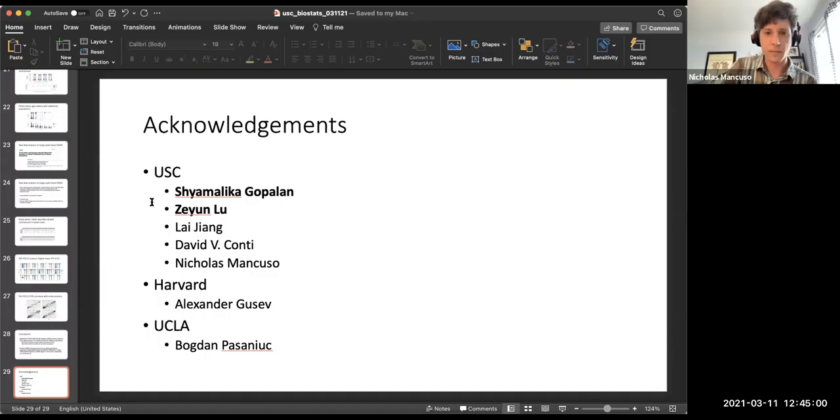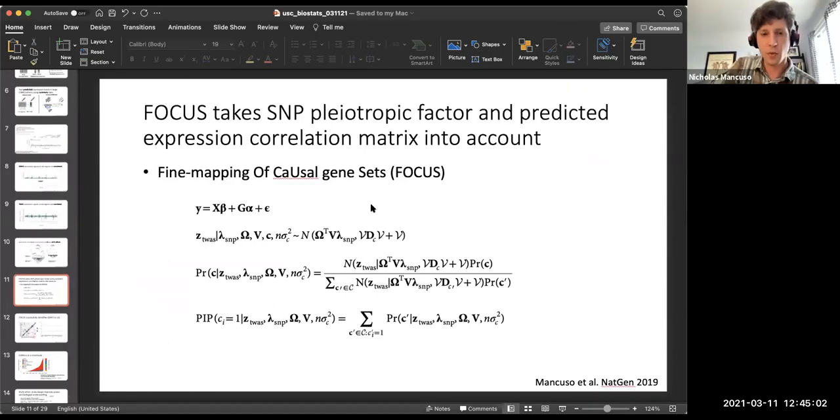In the real data analysis, maybe I can pull up the slide if we go to the model. Where's the model? Oh, here we go. Let me share my screen. One thing I glossed over is that we put a prior on this alpha here, the effect of the gene, integrated out, and that's why you see this variance components model.